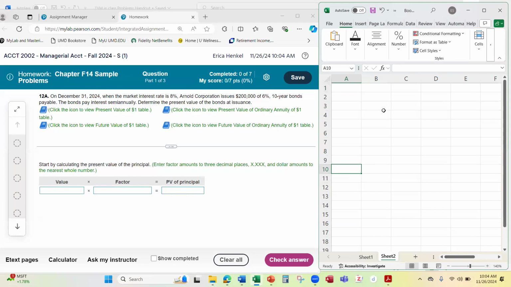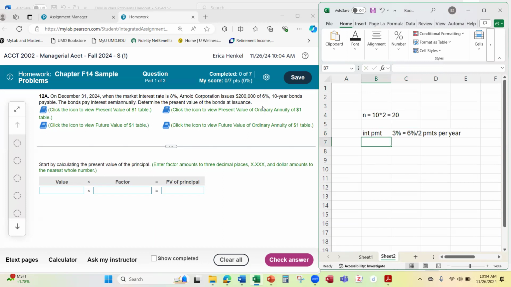Okay. So our n equals 10 times 2 equals 20. So interest payment is going to be calculated at 3%, which is the 6% divided by 2 payments per year. Okay.